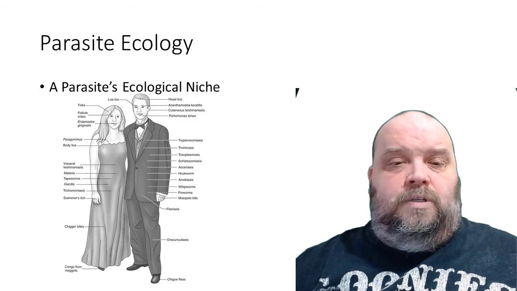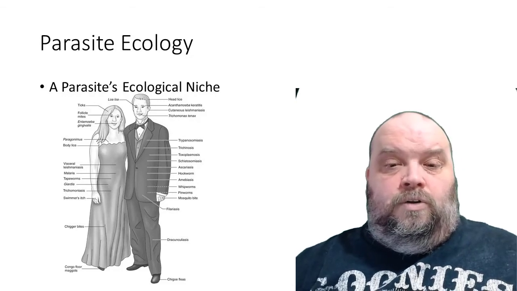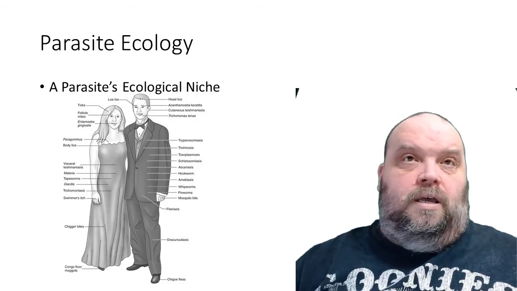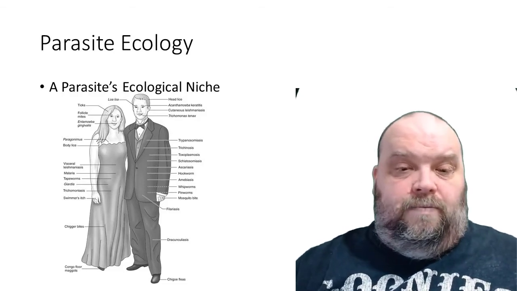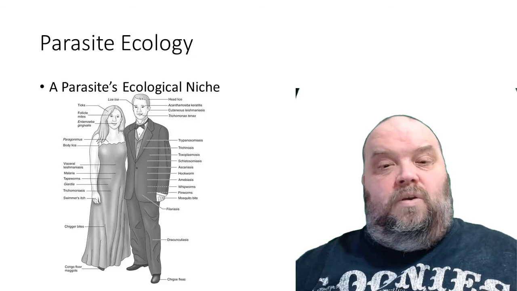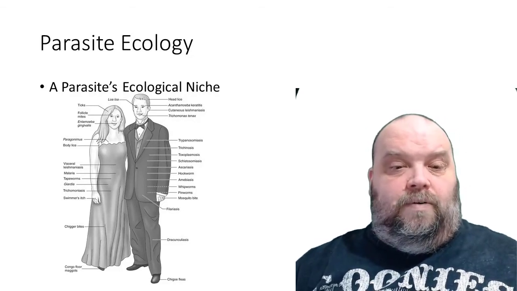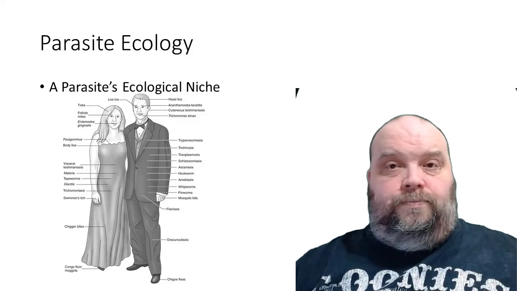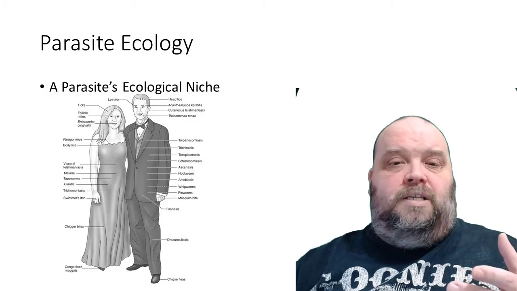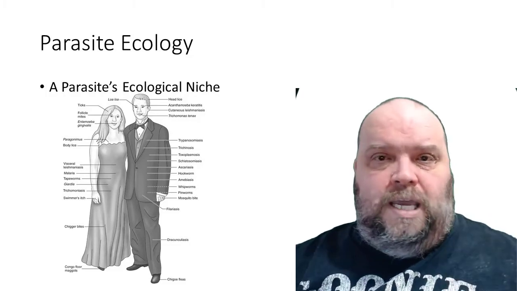It's listing out, in the different areas, what you could find: trichinosis in the lungs, schistosomiasis in the liver, pinworms in the rectum, body lice, malaria in the liver, trichomonas in the vagina. All of these different parasites you see listed here, and there's many, many more that they just didn't put in.